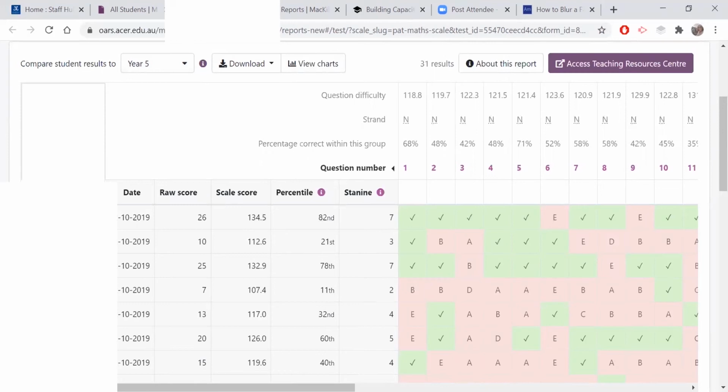Now, everything is able to be ordered. So you can actually put the students in order of scale score. So if I click on scale score, I can go from lowest to highest, or I can change it around from highest to lowest. All right, so you'll notice that no one got a stanine 9. The highest was a stanine 8 in the 91st percentile.